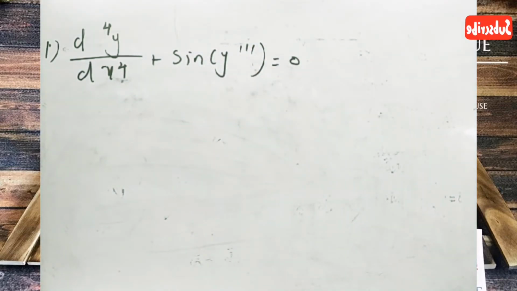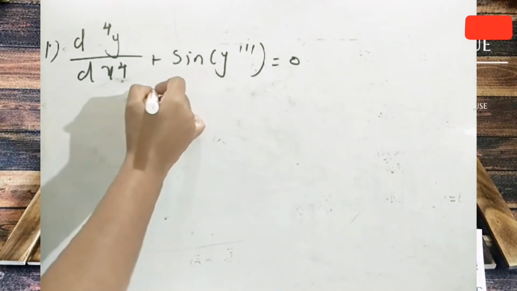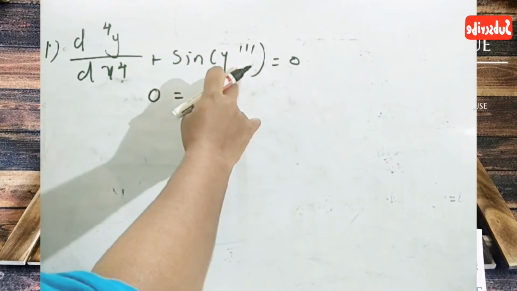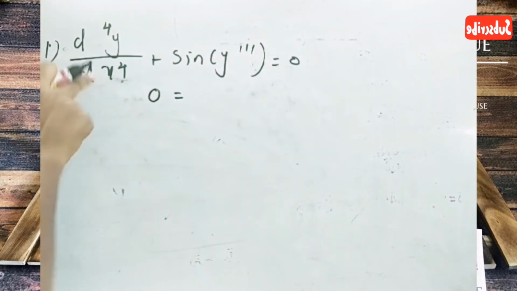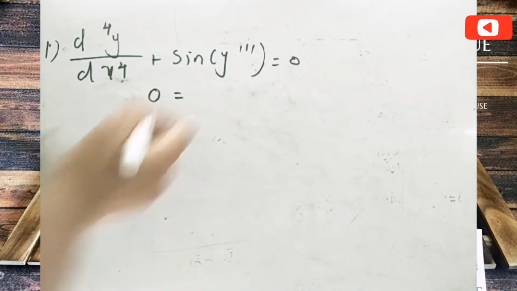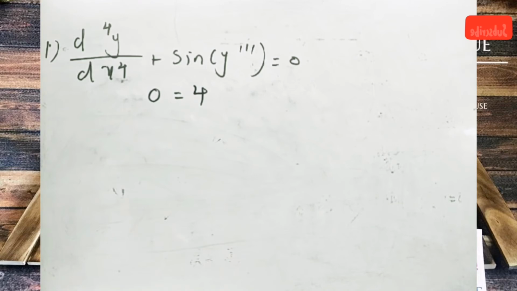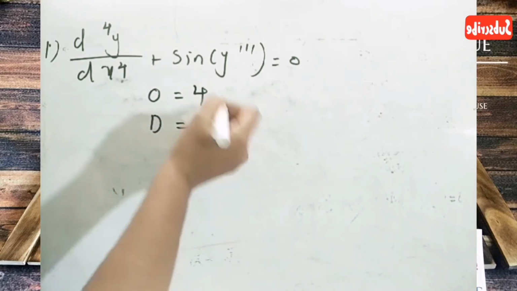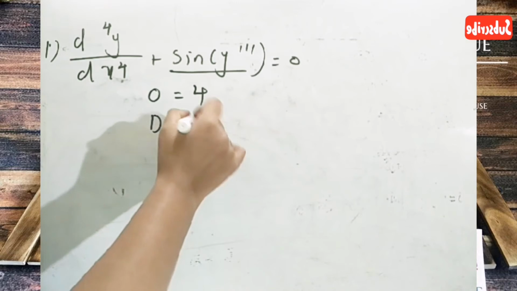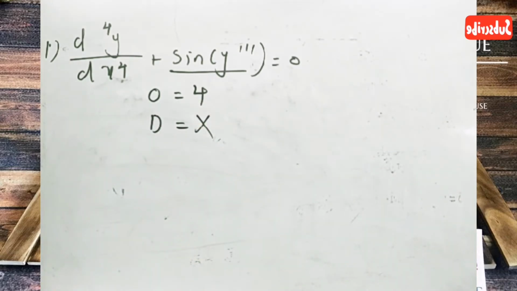Order means the highest order derivative present. Y triple dash means third order derivative, and the first one is the fourth order derivative. So the highest order derivative present is 4. Now degree: here we have the trigonometric function in terms of derivative, so this is not a polynomial equation in derivative. So degree we can't define here.